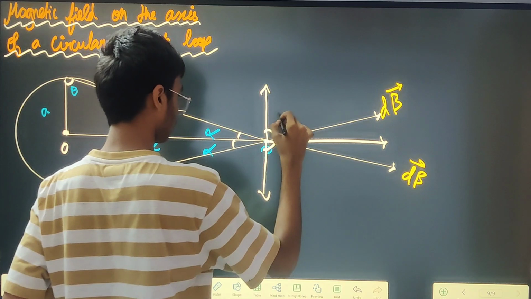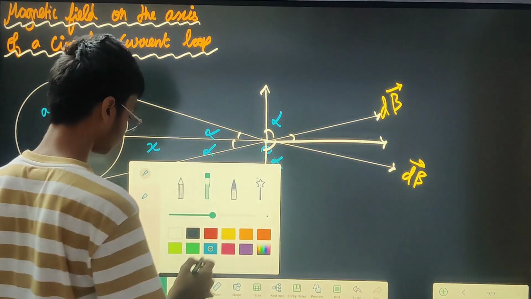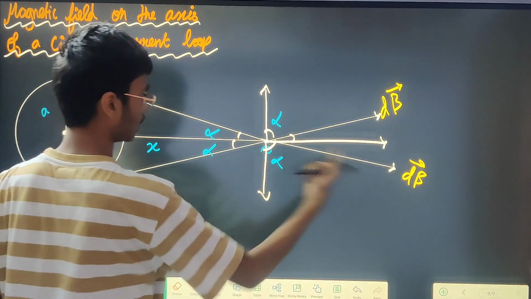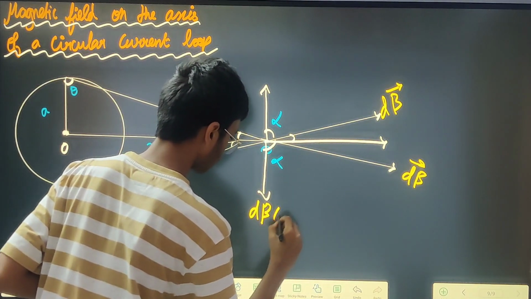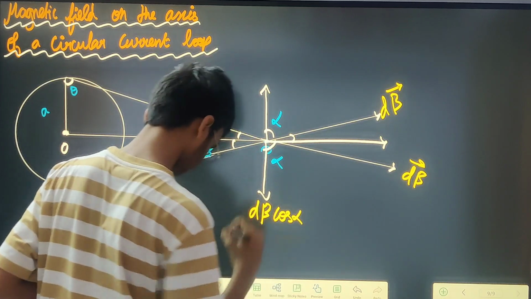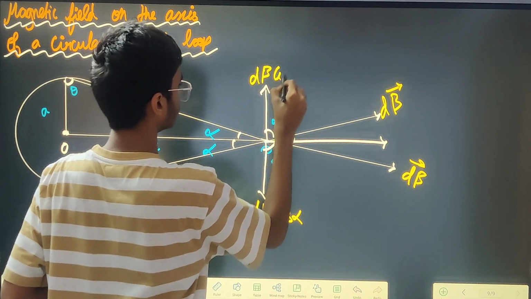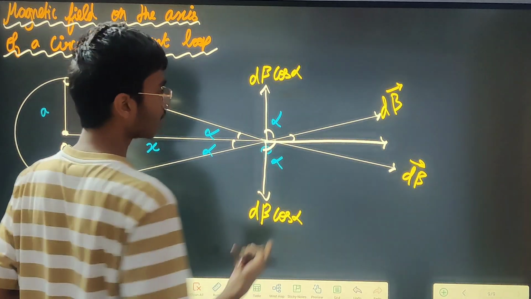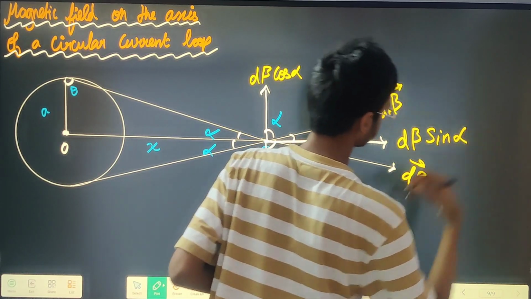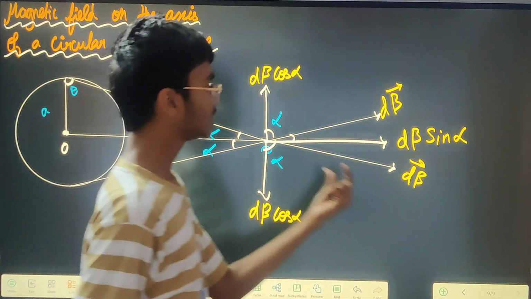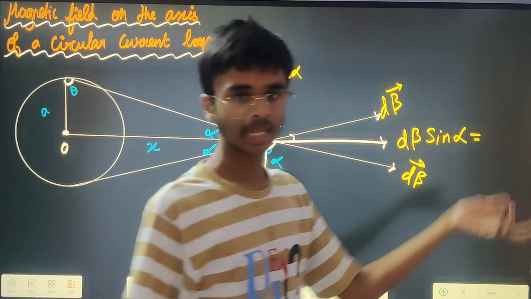So this one is also going to be alpha, and this one is also alpha. On resolution, this will be dB cos alpha, this is also dB cos alpha, and then this is going to be dB sin alpha. So the resultant dB is equal to dB sin alpha.